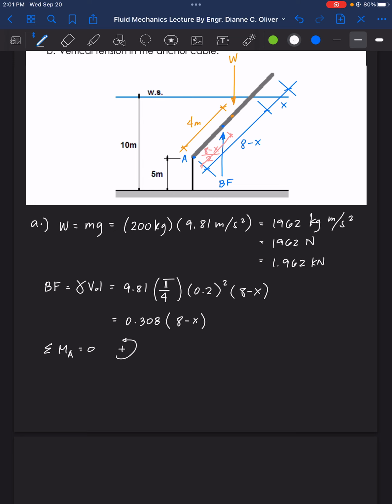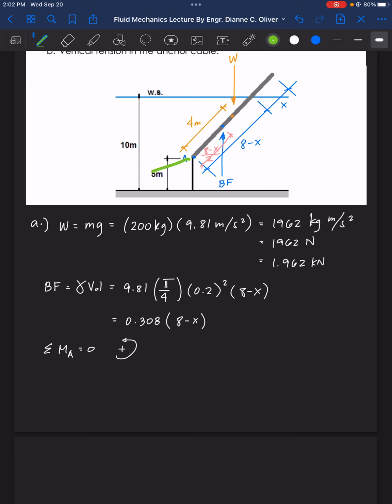But in order to rotate that, we will need a force perpendicular to the moment arm. So remember, this is our moment arm. If this is the pole and we rotate it, the movement will be like this.